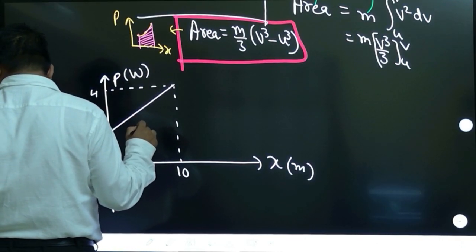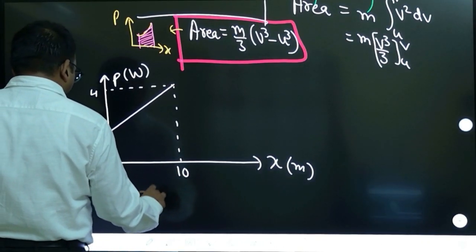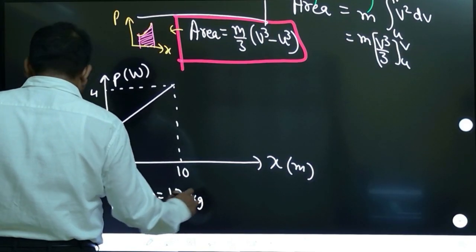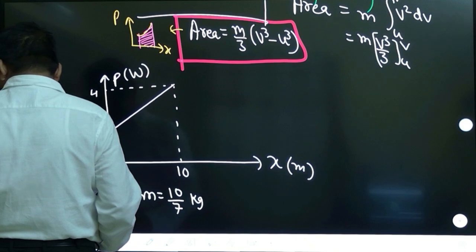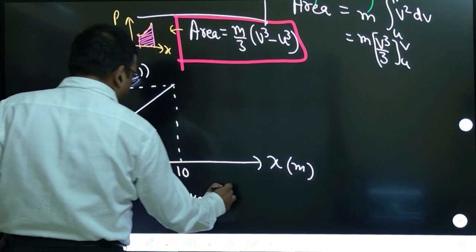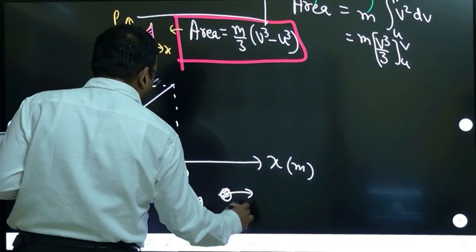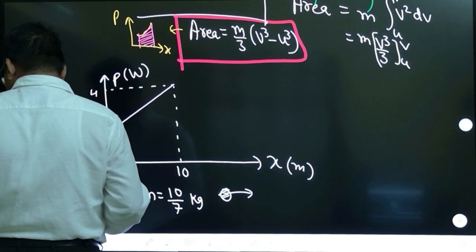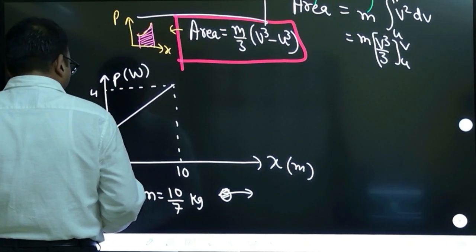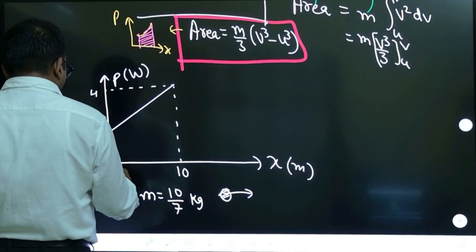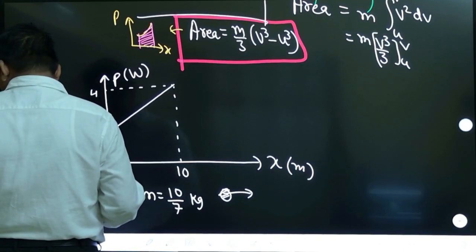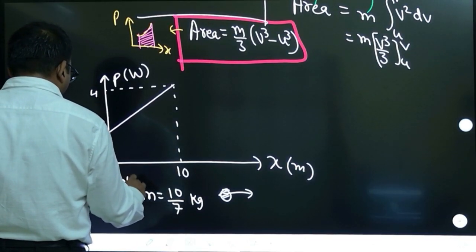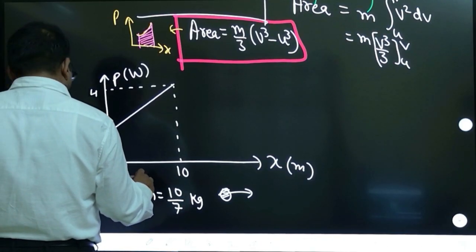Now the question is: the mass of the body is given as 10 by 7 kg. The particle is moving in the positive x direction. Its initial position is x equal to 0, and the initial velocity u is 1 meter per second.